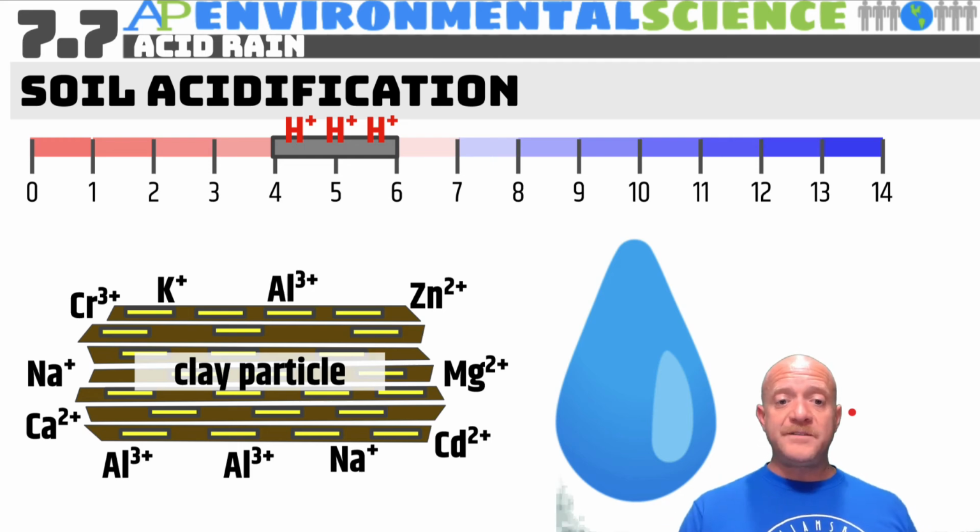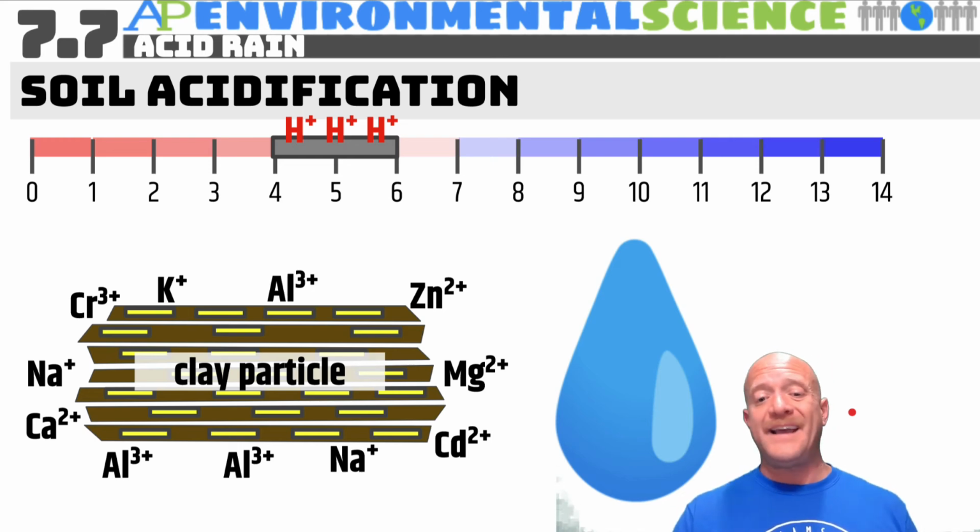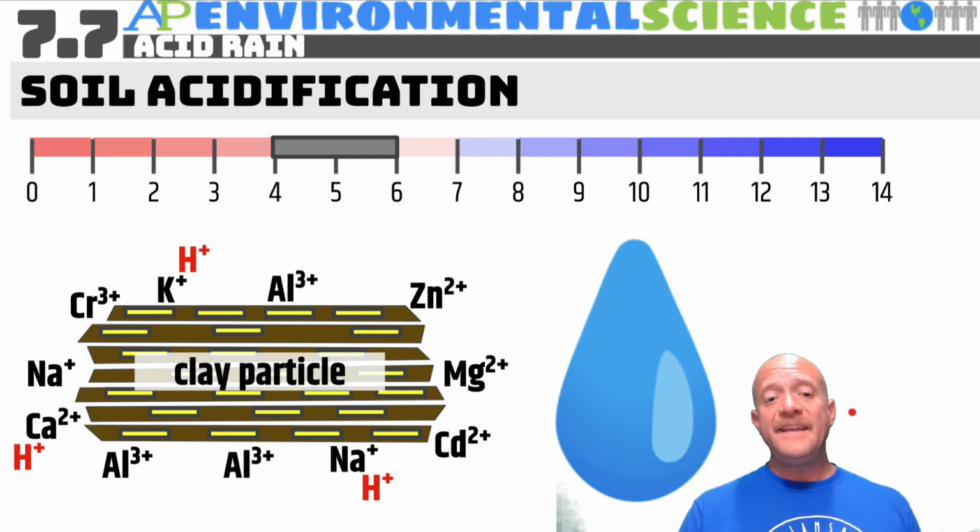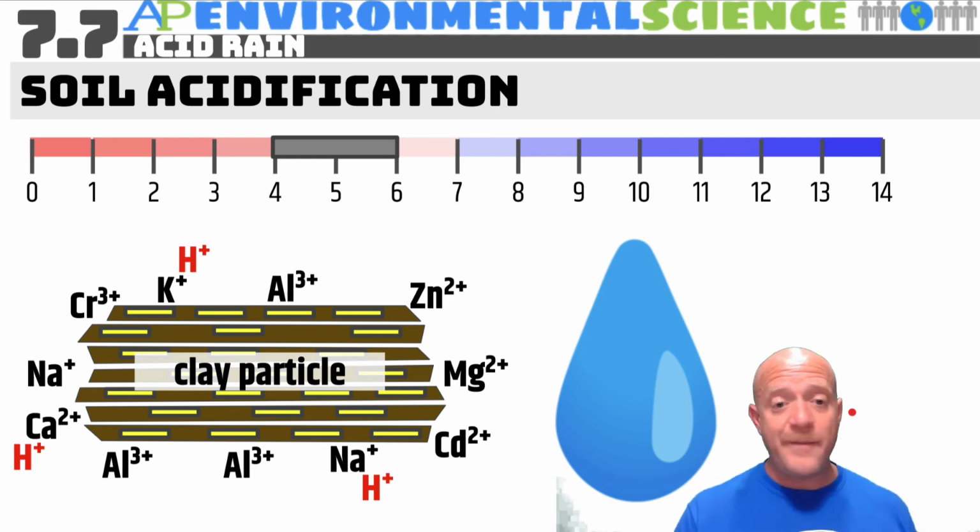Now, what happens to other nutrients that plants need, like calcium, like sodium, like potassium? Well, when you have acidified soil, the H+ can do the same exact thing.